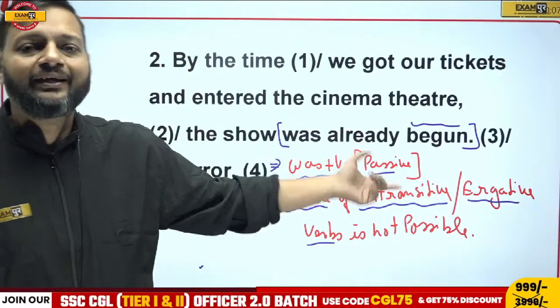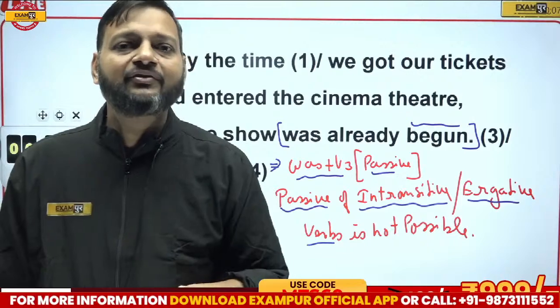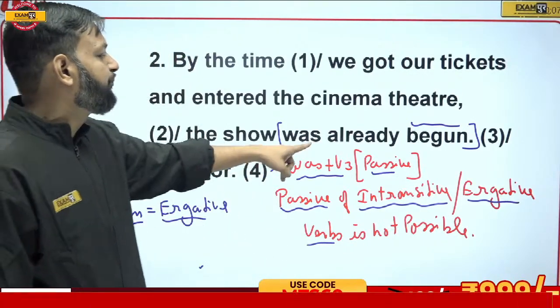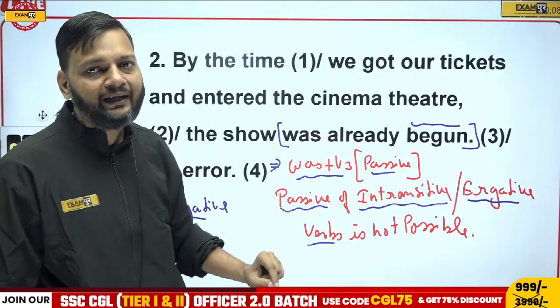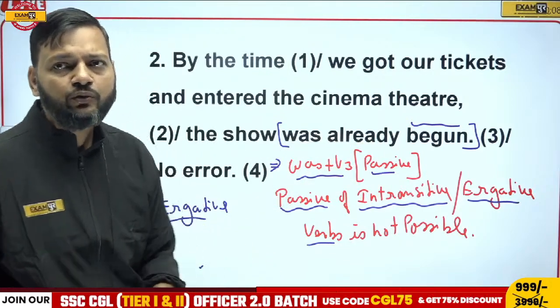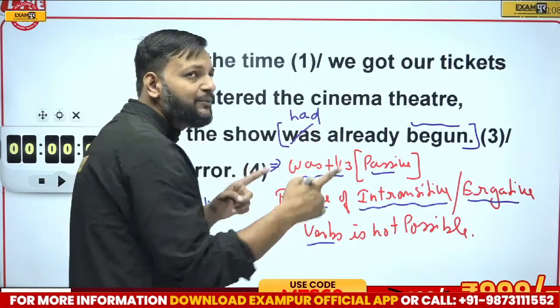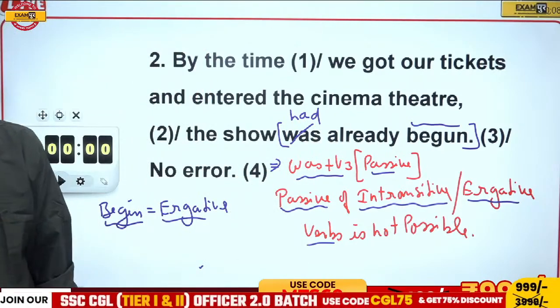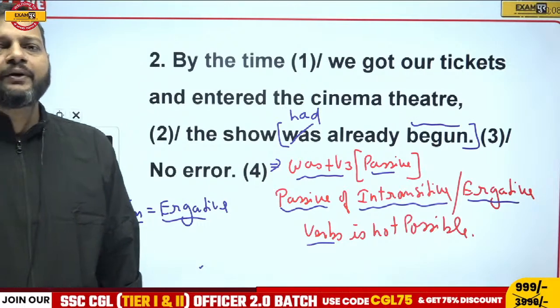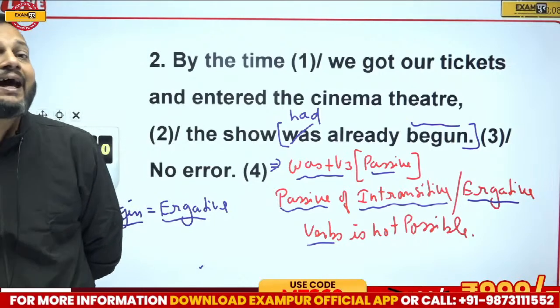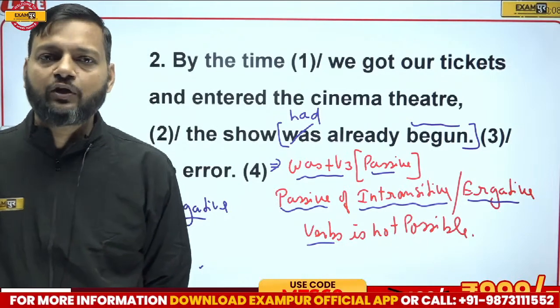And begin here is an ergative verb, so its passive is not possible. It means we need to change this passive structure into active. So what should we do? Change this was into had. So had begun would be the right answer. Always remember that the passive of intransitive and ergative verbs is not possible.